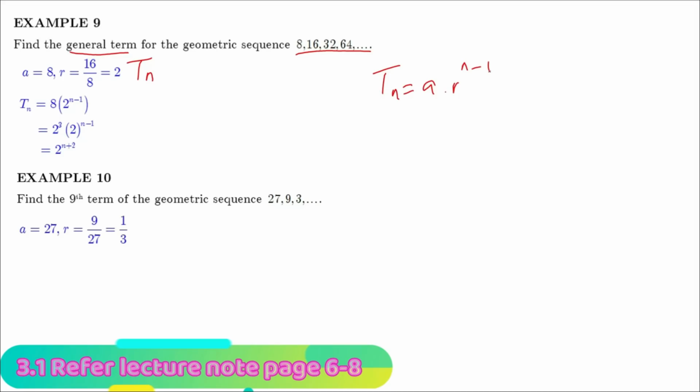As previously, we have to use the Tn formula, but this time we substitute in n equals 9, and with A and R as we found here, we get 27 times 1 over 3 to the power 9 minus 1, which is equal to 1 over 243. And we are done.